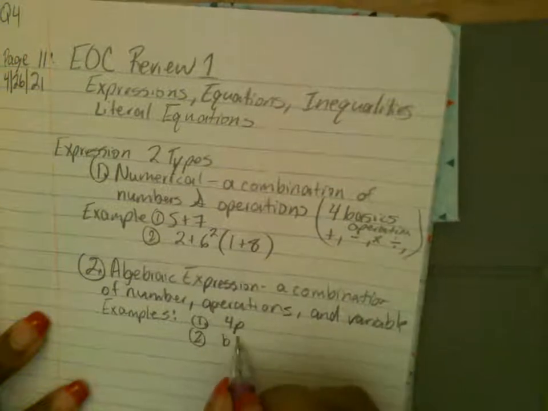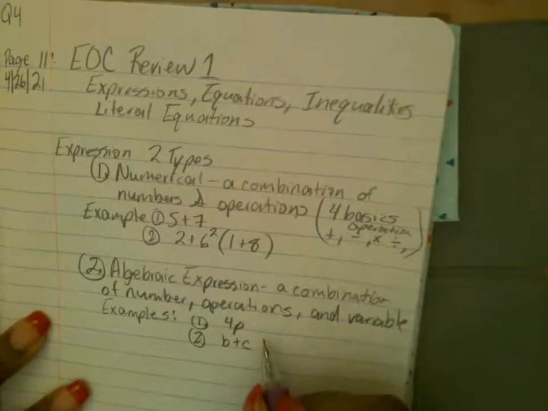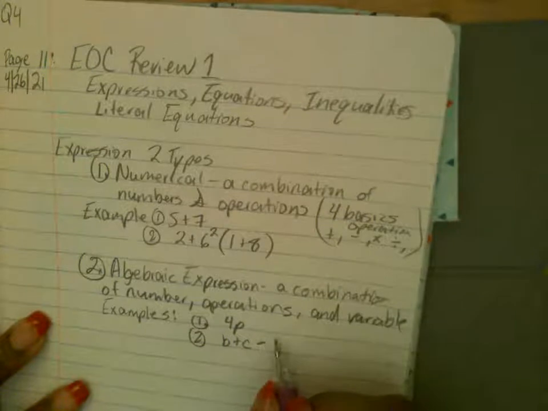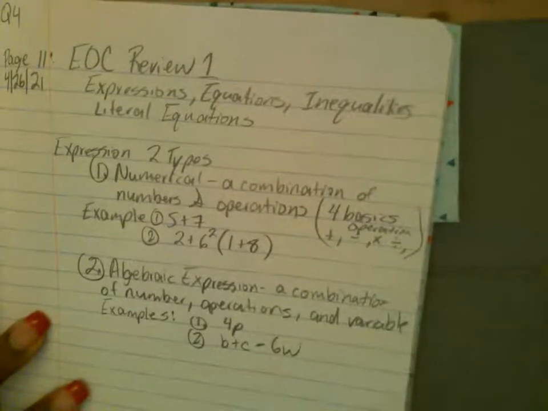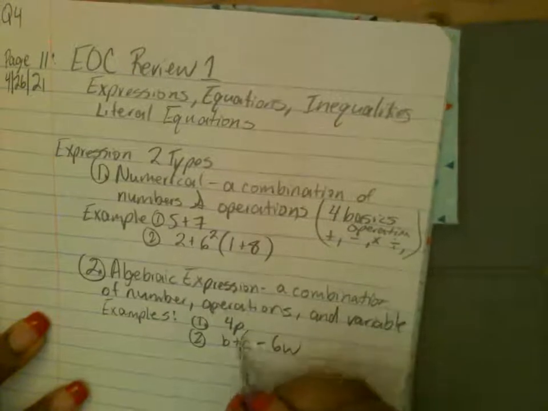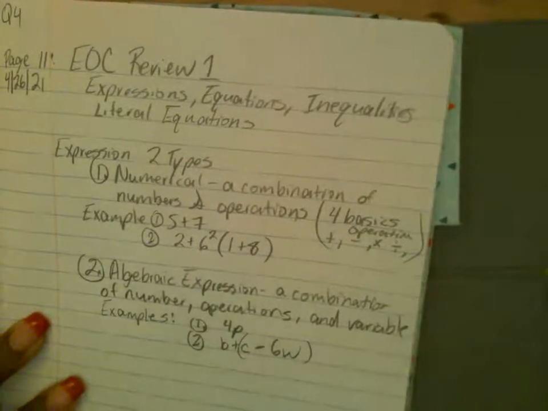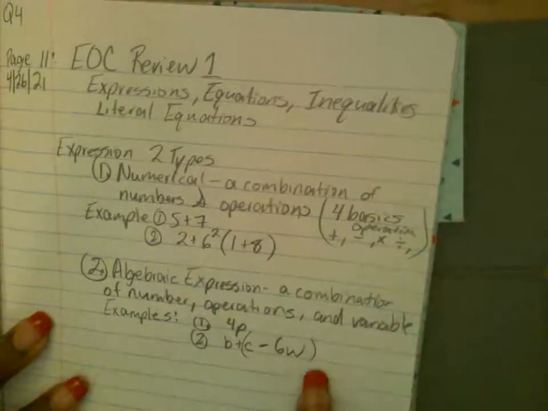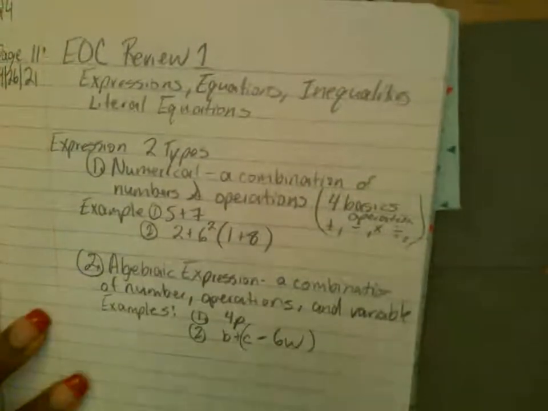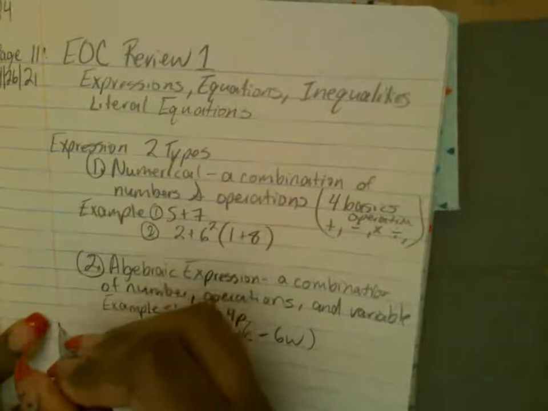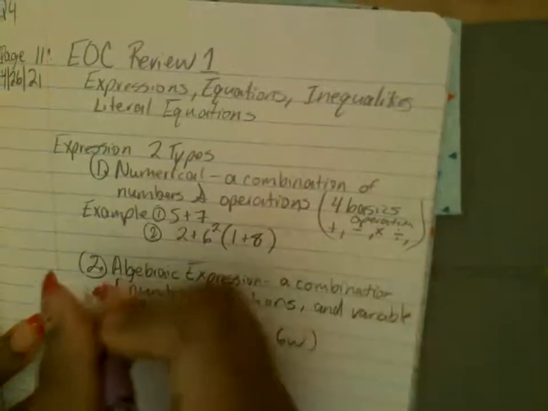You could have b plus c minus 6w, okay, or some sort. And this could actually be in parentheses. So this is an algebraic expression because it has variables this time. Now, to solve an expression in general, all you're doing is just using order of operations.